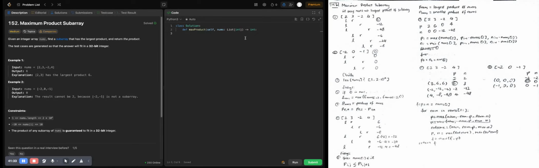Now let me code this out into LeetCode and try to submit it. So we have f, p, n equals nums of 0, for num in nums, from the second element towards the end. Outcome could be a num, or num times p, or it could be num times n.